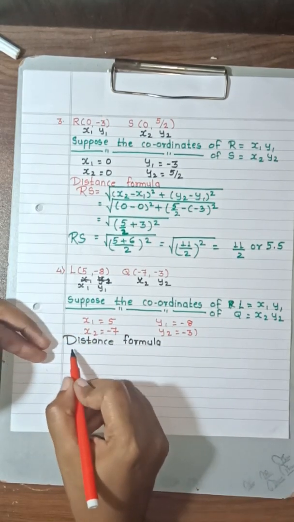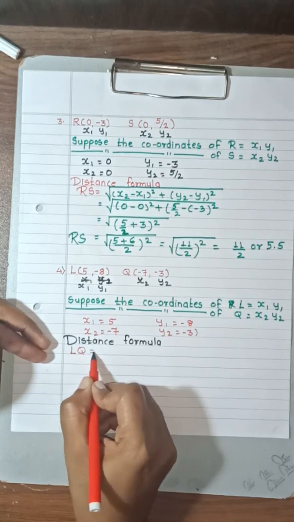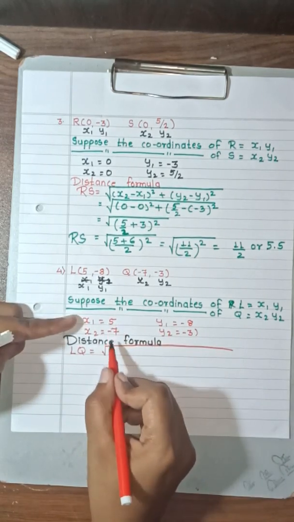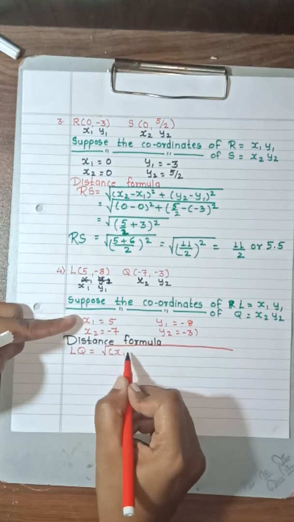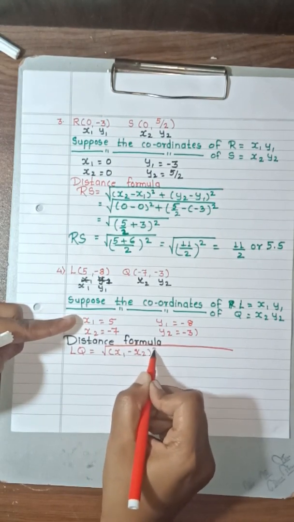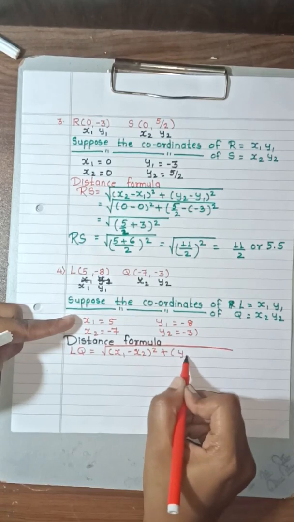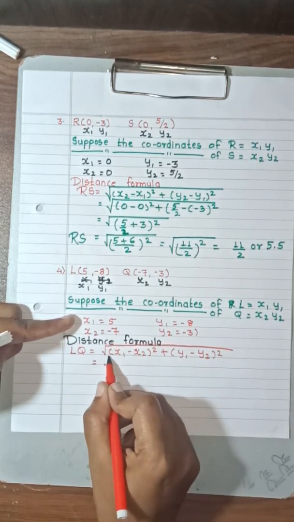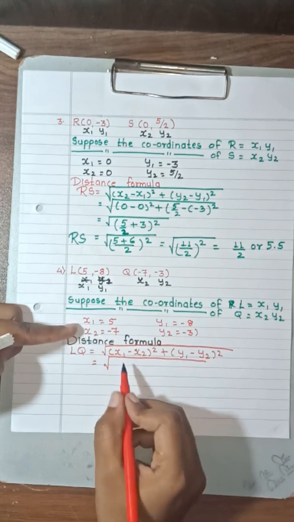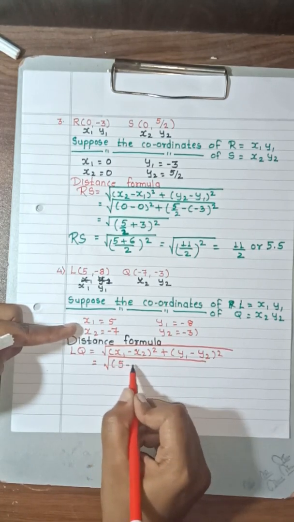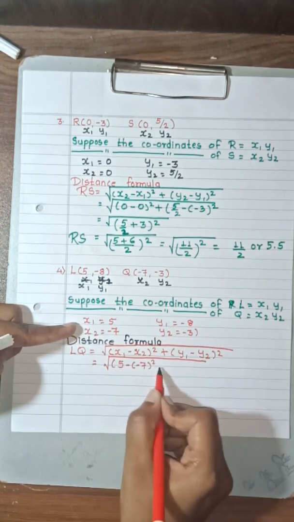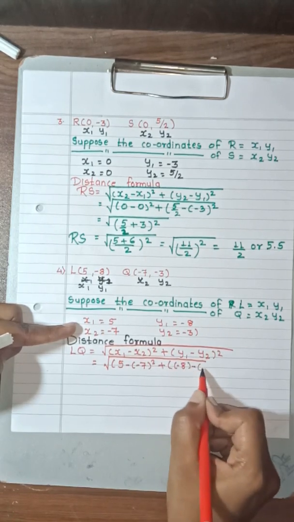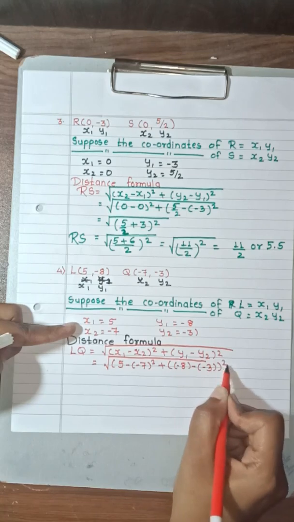Therefore distance LQ is equal to under root of, so formula will change here, x1 is greater than x2, therefore (x1 minus x2) bracket square plus (y1 minus y2) bracket square. Now we'll put the values over here. What is x1? That is (5 minus 7) bracket square plus (y1 is minus 8 minus 3) bracket square.